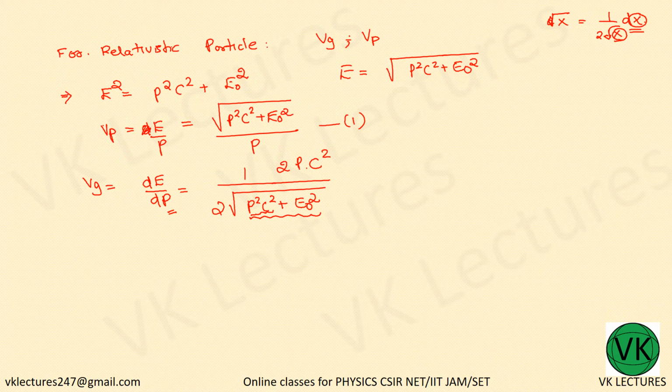Now this 2 and 2 you can take out. What is remaining is p c square divided by under root p square c square plus E naught squared.